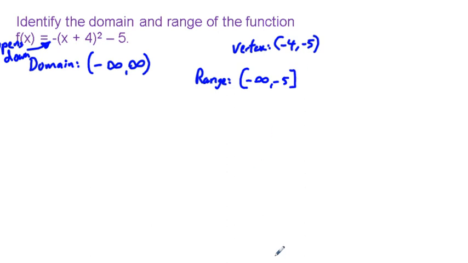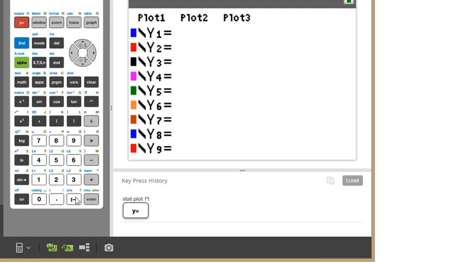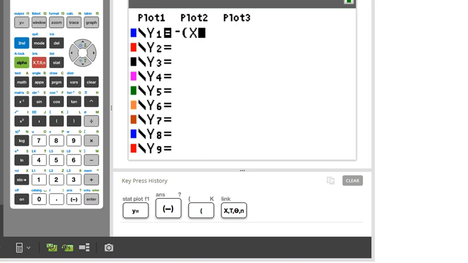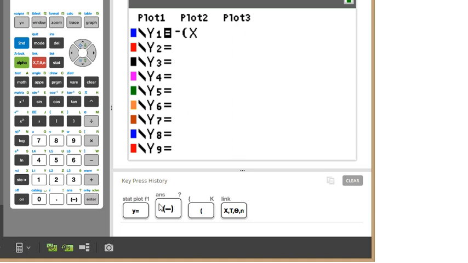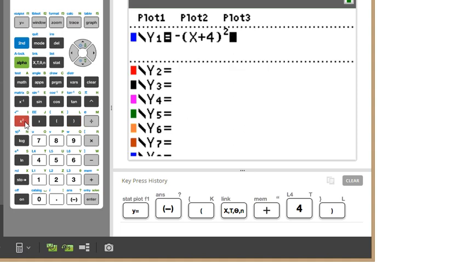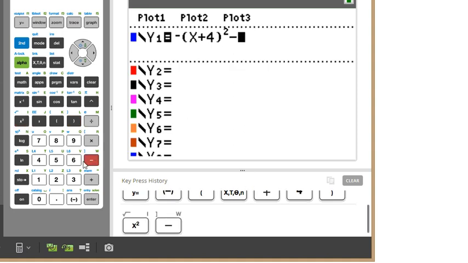And yes, we can graph this in the calculator if we have one. Negative 2, x, plus 4 squared, minus 5. Graph.